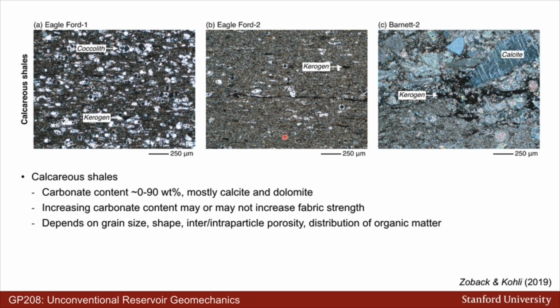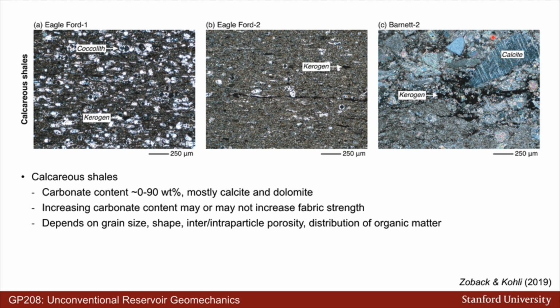On the right, this is a Barnett sample with extremely high carbonate content. And you can see that rather than discrete biogenic grains, we have sort of a coarse-grained matrix that's extremely cemented together and large calcite grains that are very different from what you see in either of the two Eagleford samples. Again, as we look left to right, unlike the clay minerals, there's no sort of regular evolution of both anisotropy as well as grain size and grain shape.